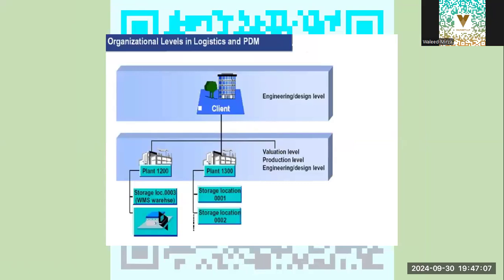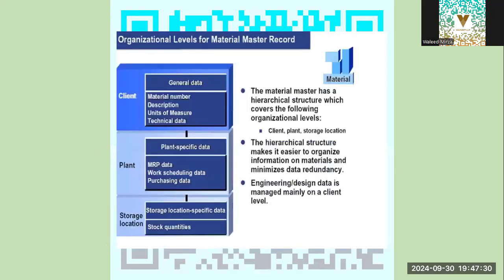And if you talk about logistics layout and planning and development or engineering layout, then the layout is such that plants have storage locations, and locations where these plants are located and where the storage units for these plants are located.